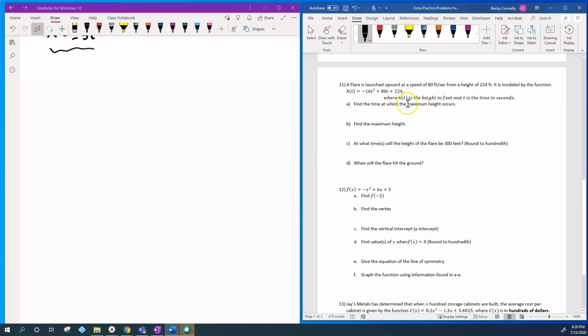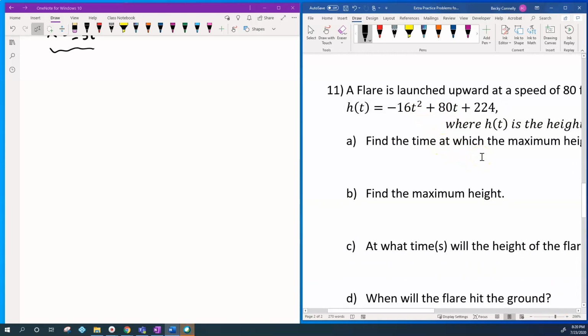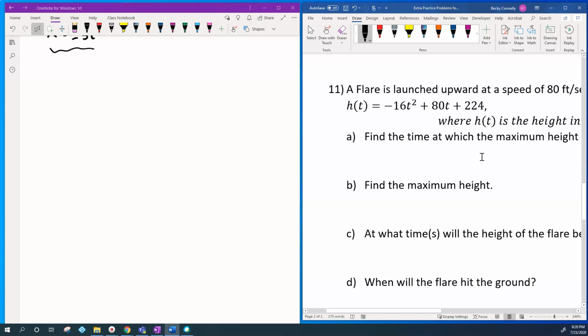You've got to make sure you notice it's saying h of t is the height, and t is the time in seconds. Because really what we want to focus on is that function that was given to us. And then look at the different parts here.